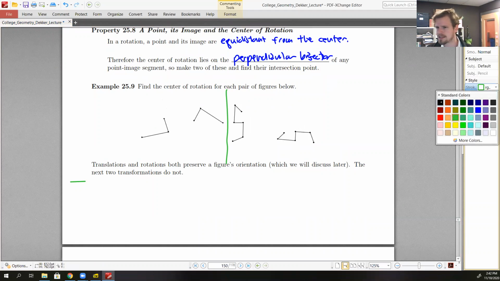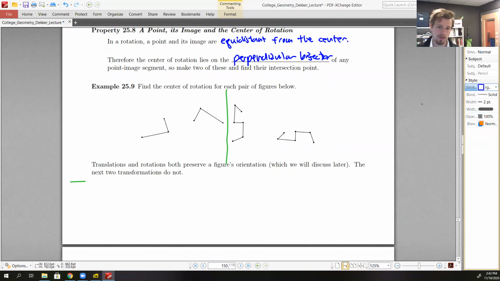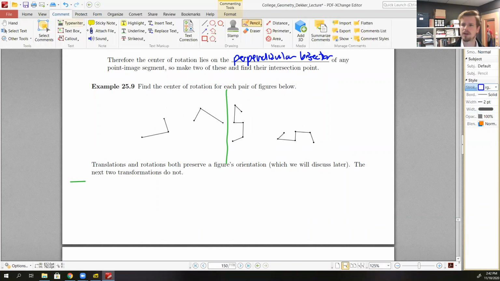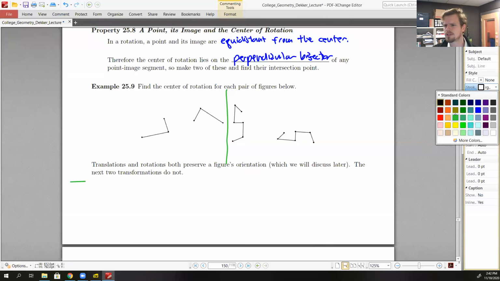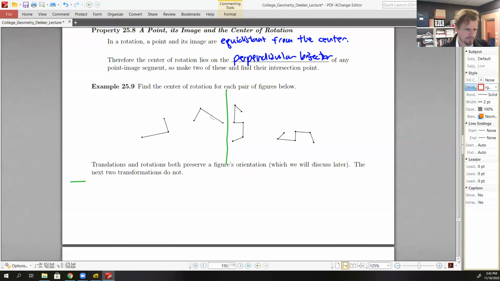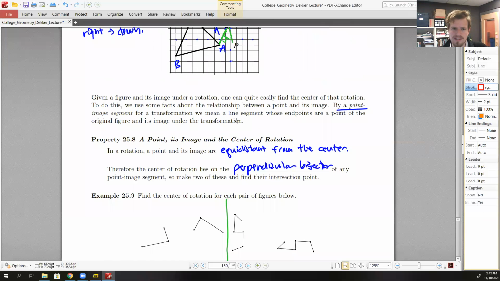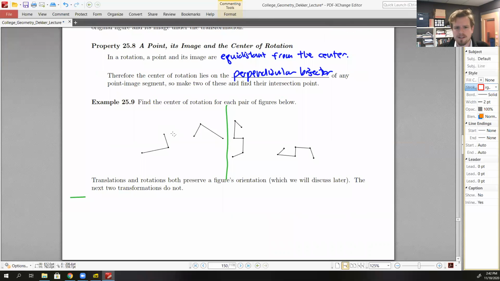Now, if you were completing this on an assignment or on an exam, I would expect you to use a straight edge and a compass to help you identify the perpendicular bisectors and the center of rotation. So I'm going to use a variety of colors here. I'm going to give the point image segment in red, I believe I have.